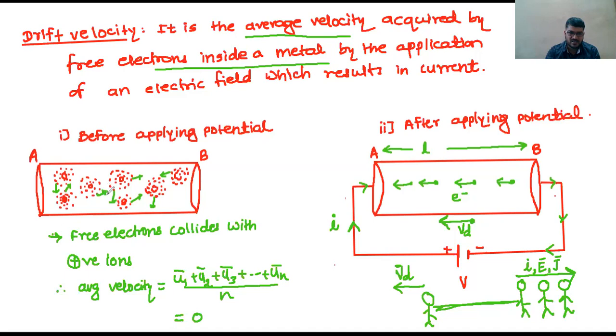These are just free electrons, moving here and there, colliding with positive ions before applying potential. But when we apply potential, all are moving in the same direction. The velocity with which they move is called drift velocity, after application of this electric field. Clear? So note down all this.